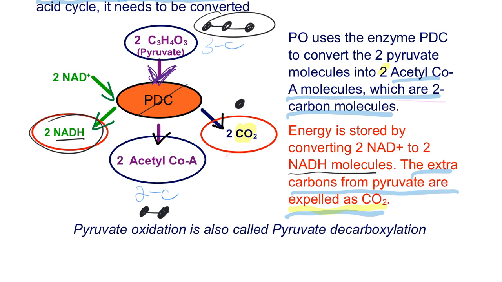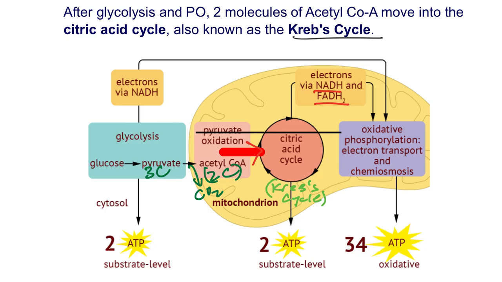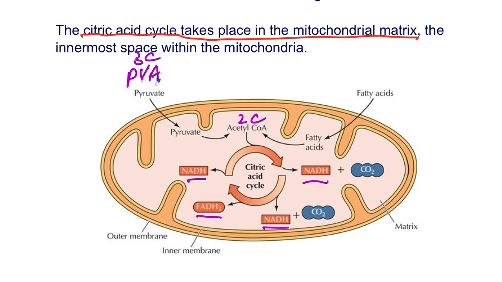So here's the carbon dioxide that we breathe out. That's where it comes from. It comes from this step. So the next step is that 2-carbon acetyl-CoA gets fed into the Krebs cycle right here. So here's a 2-carbon acetyl-CoA. Carbon dioxide has been given off.